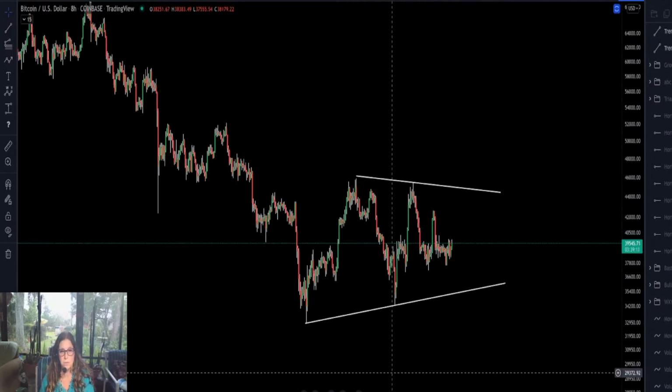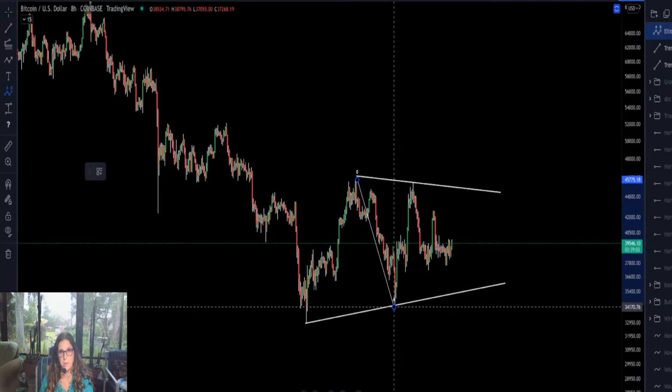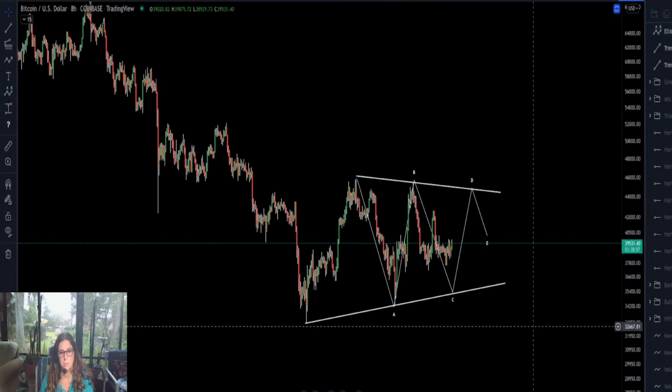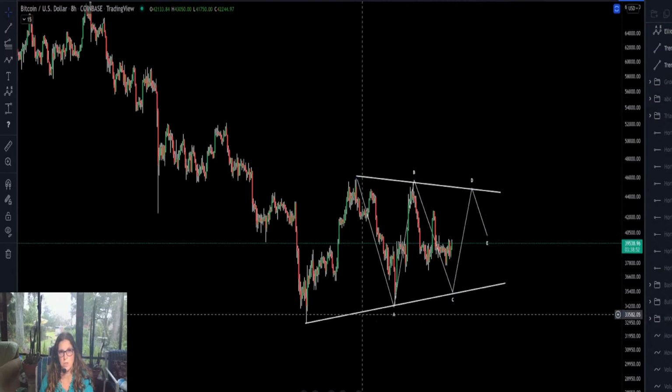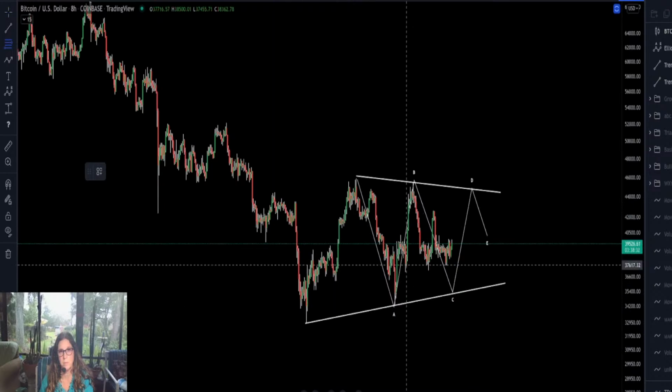So we have two ways that we're going to look at this triangle. The first way is the way that we really want it to happen, which is this way. Now, when you have a symmetrical triangle, which is what this is, you want every leg to hit approximately the same fib. They don't have to hit it to the absolute tick, but they've got to at least be similar.